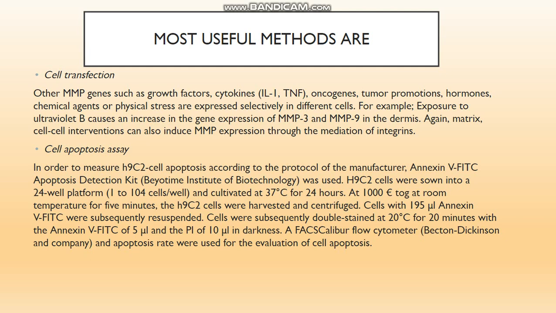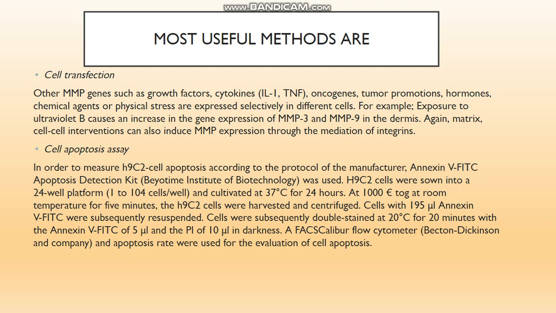Cell apoptosis assay. What is it? It is used in order to measure H9C2 cell apoptosis. According to the protocol of the manufacturer, an annexin apoptosis detection kit was used. H9C2 cells were sown into a 24-well plate and cultivated at 37 degrees for 24 hours.